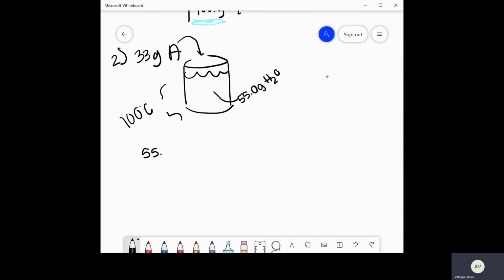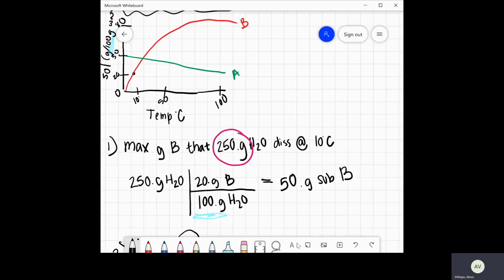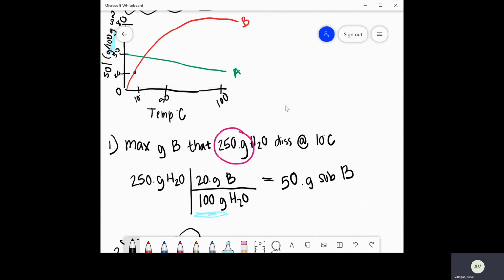So 55 grams of H2O. We know, per our chart, that for every 100 grams of H2O, going up to the chart again, here's substance A at 100 degrees Celsius.